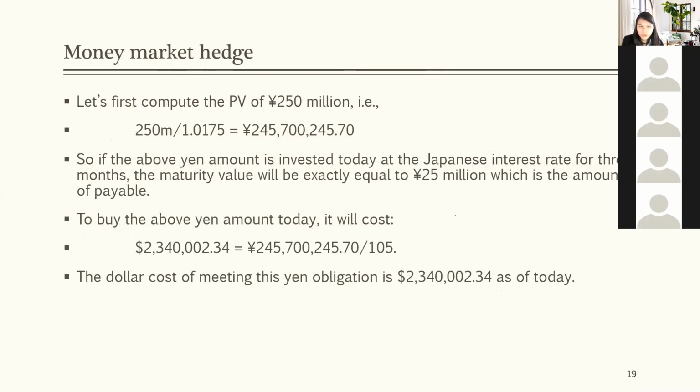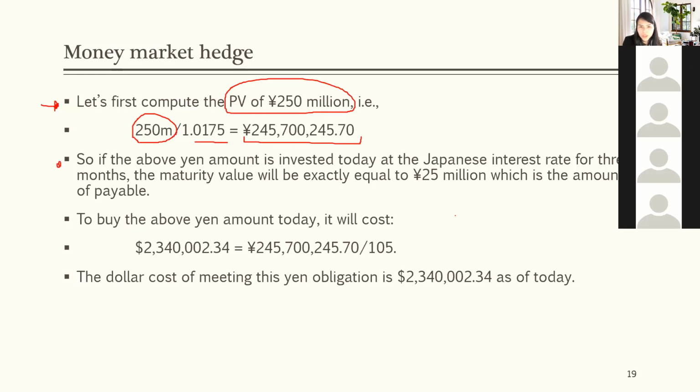So let's go through the exercise step by step. We mentioned before that we want to borrow the present value of 250 million yen. If we borrow in Japan for 3 months, we pay 0.0175 in interest, so the present value of this number is about 245 million Japanese yen.